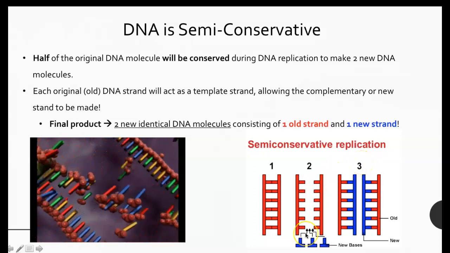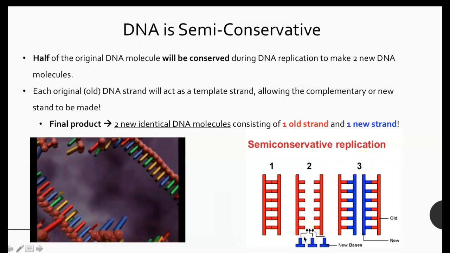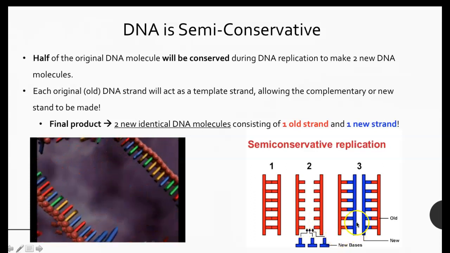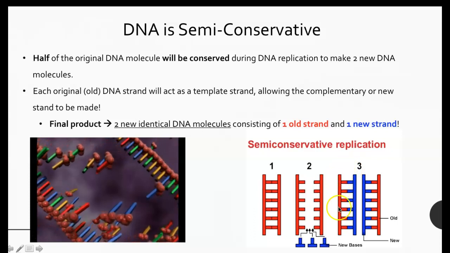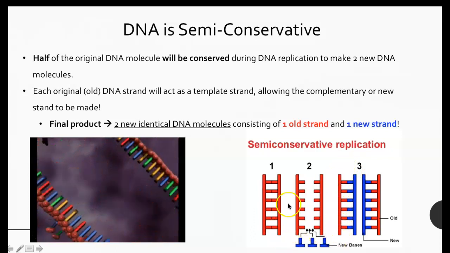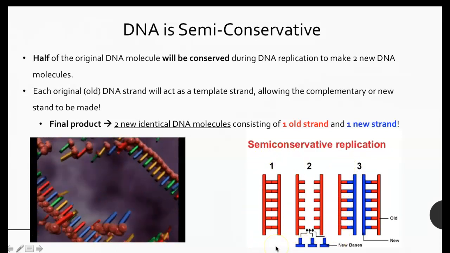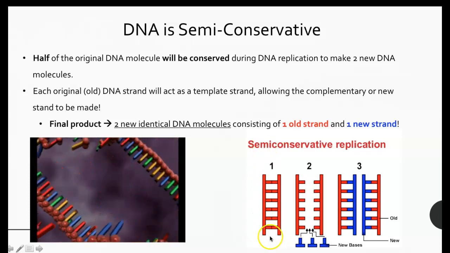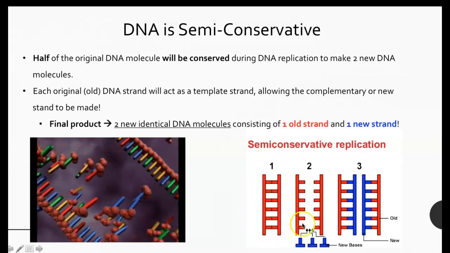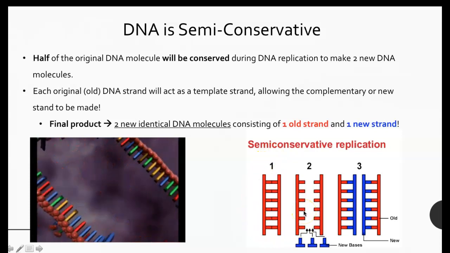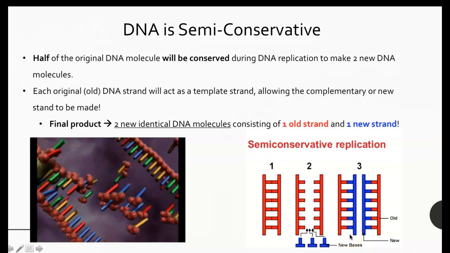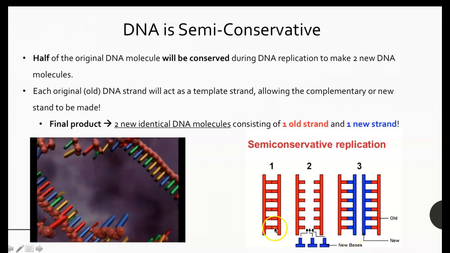Once the enzyme DNA polymerase has added the complementary nucleotides, we form two DNA molecules that are identical to the original DNA molecule. Again, that is the goal of DNA replication. We start with one original DNA molecule, split it open, and add the complementary nucleotides to form two new identical DNA molecules.